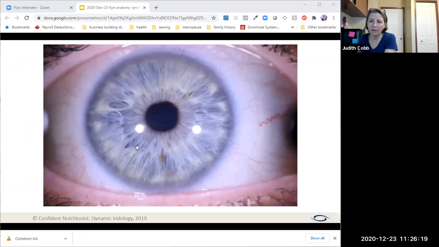So all of the fibers out here, starting at the limbus, come in towards the ring, do a hairpin turn, and go back out. And again, it's arterial flow coming towards, and venous flow going away from.